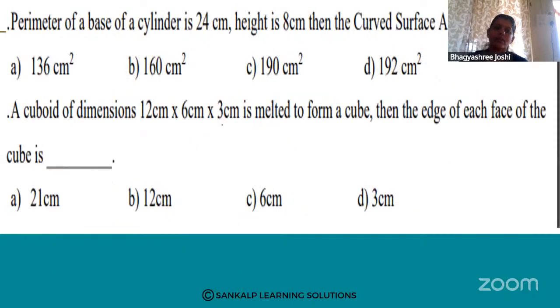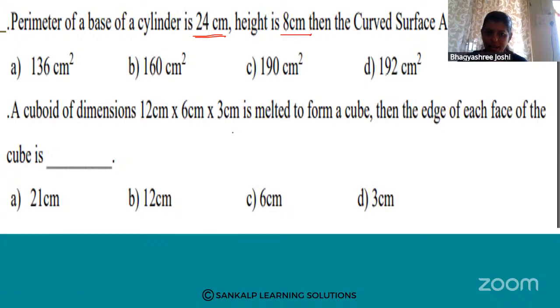Now, perimeter of a base of cylinder is 24 centimeter. Height is 8 centimeter and the curved surface area will be, what they have asked. Perimeter of a base of a cylinder is 24 centimeter.